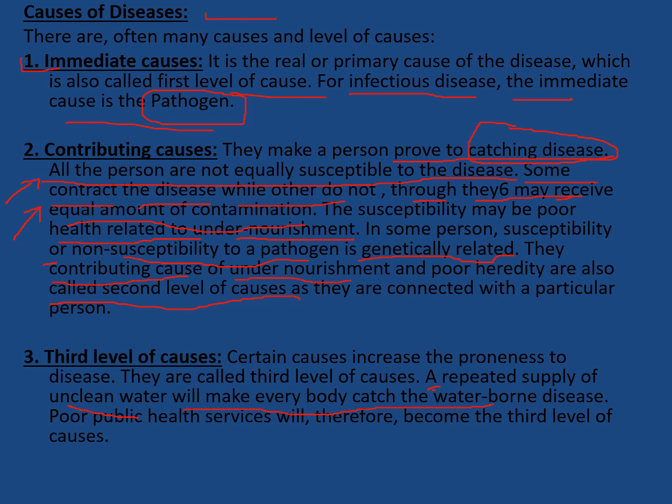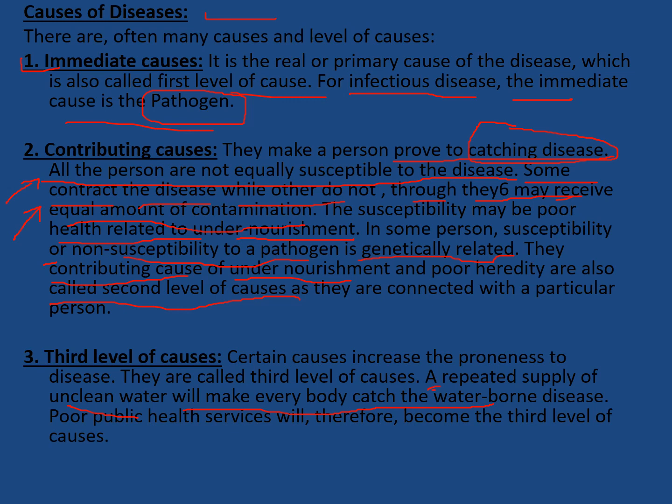That's why this disease, from where does it come? It comes from another supply, that is from the air and the water, right? And this type of cause is known as the third level causes.